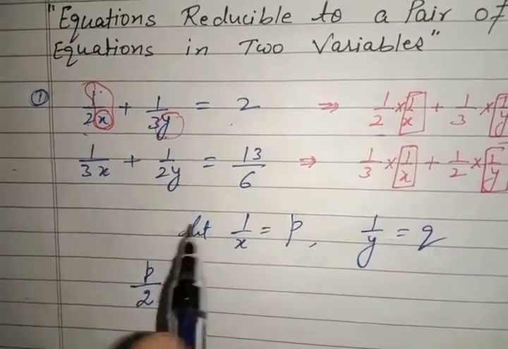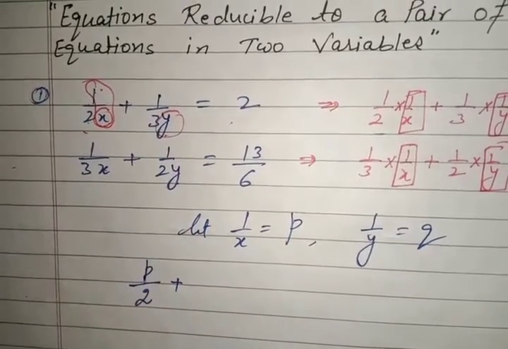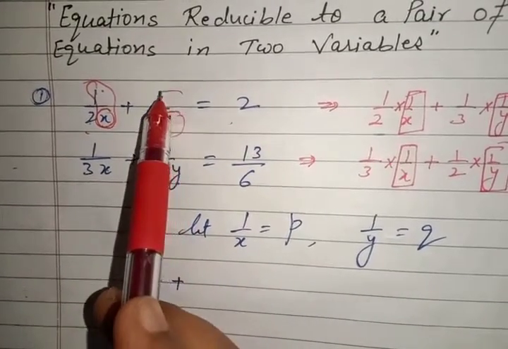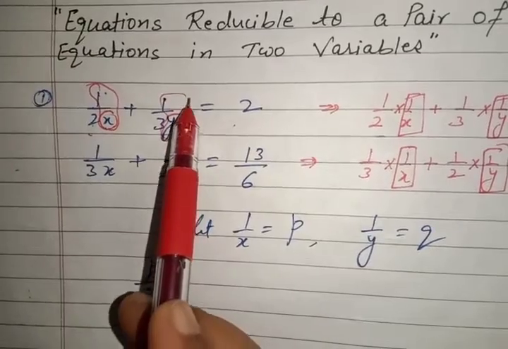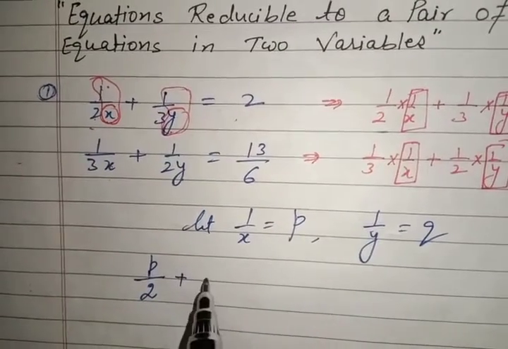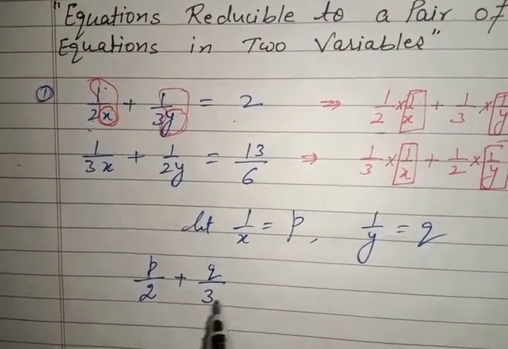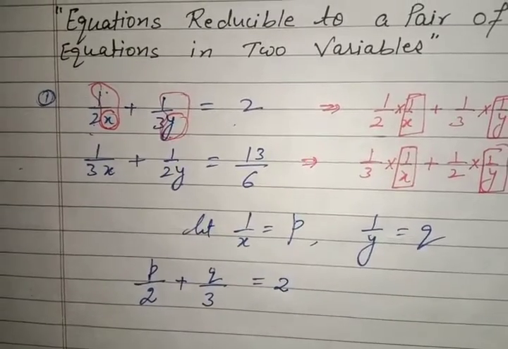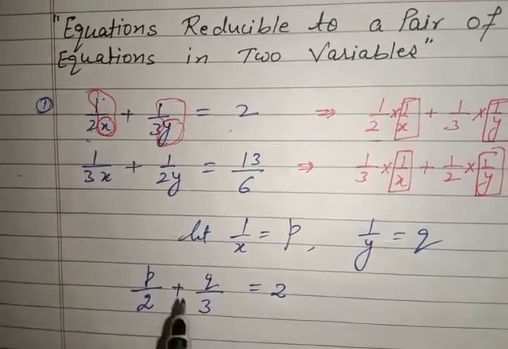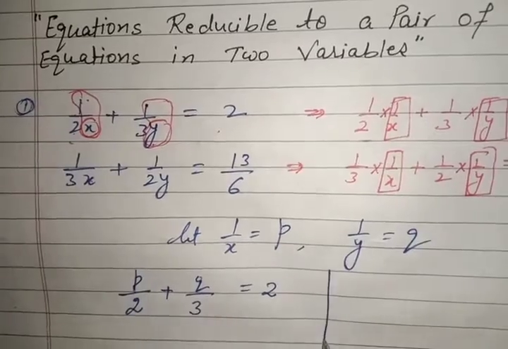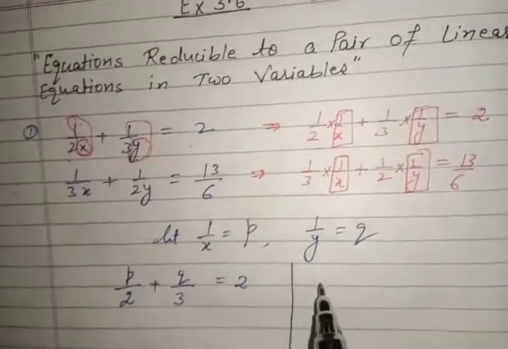P by 2, and 1 by y we have supposed as q. You can check like this. So this will be q upon 3 is equals to 2. This is our first equation, and I am writing the second equation also side by side here.